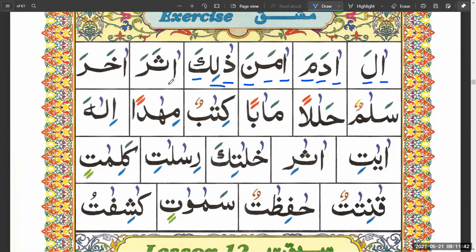Next one, alif standing fatha a, tha fatha tha, and ra fatha ra, athara. Next one, alif standing fatha a, kha fatha kha, and ra fatha ra, akhara.